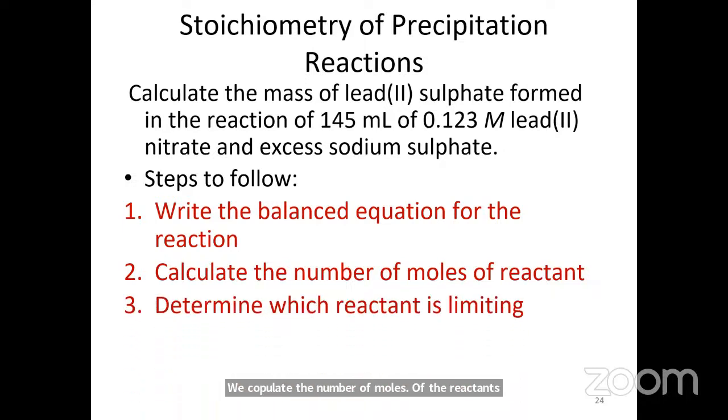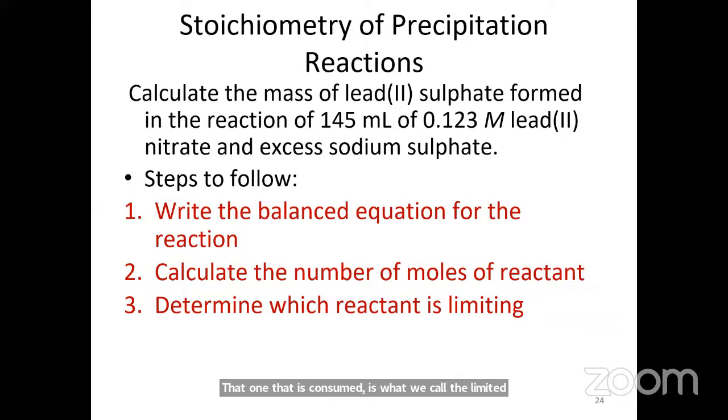Then we determine which reactant is limiting. Also, we have been taught limiting reagents. So if we have 2 reactants coming together, one of them will be consumed totally. That one that is consumed totally is what we call the limiting reagent, and that is the one we shall use for our calculation.